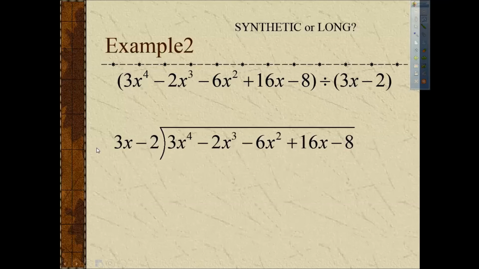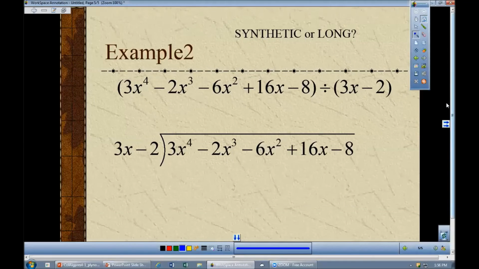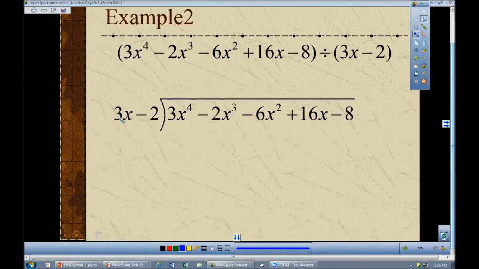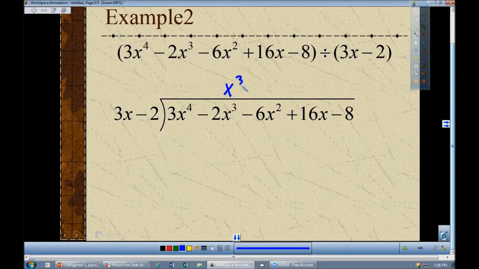So I put 3x minus 2 outside of the division symbol, 3x to the fourth minus 2x cubed minus 6x squared plus 16x minus 8 inside. And let's go ahead and do some long division here. I start with 3x to go into 3x to the fourth. 3x goes into 3x to the fourth. I need to multiply by x cubed. X cubed times 3x will give me 3x to the fourth.